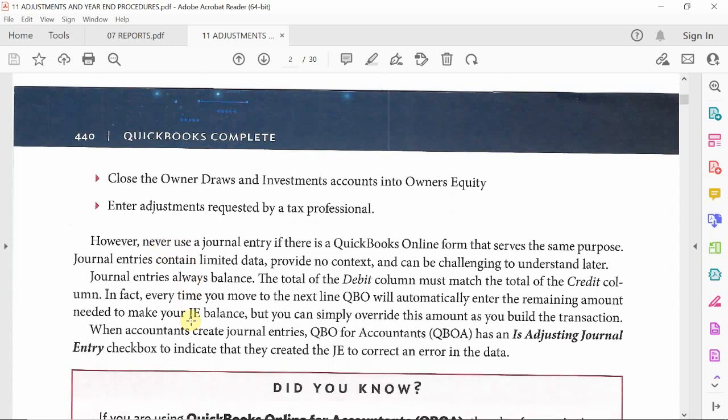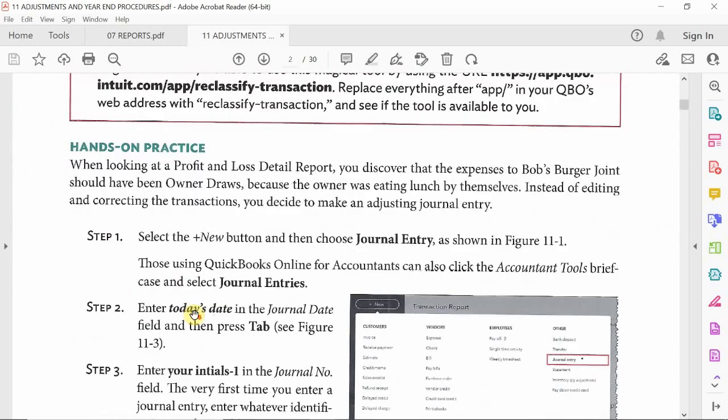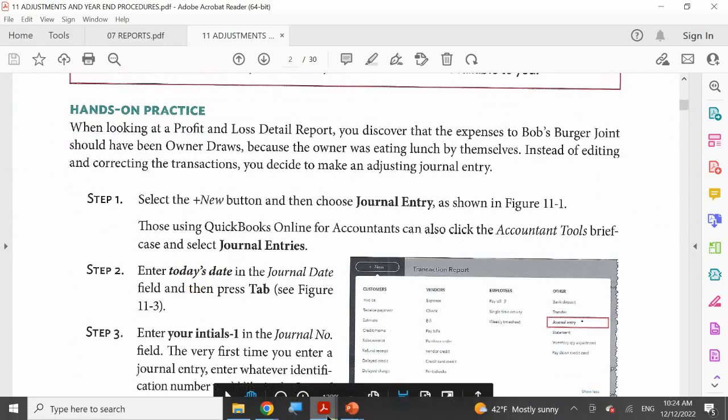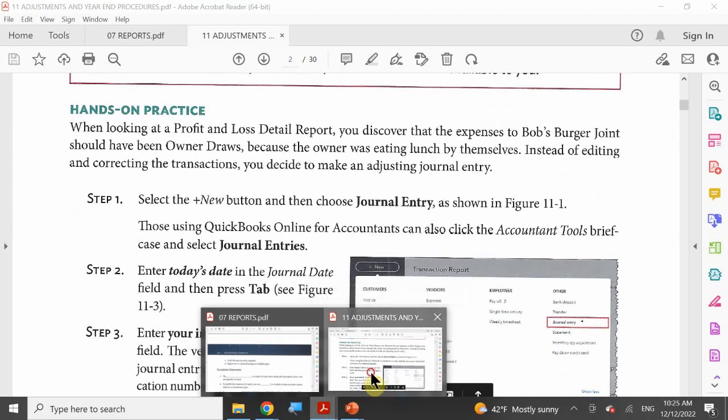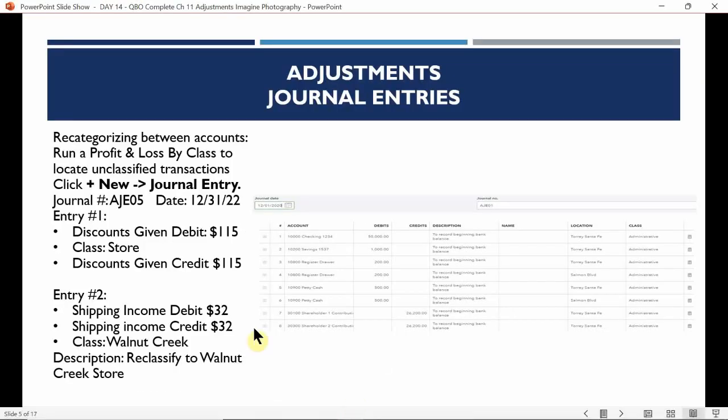So in this case, let's go ahead and take a look at an example of our first journal entry we're going to do here, where we are going to recategorize certain transactions that we forgot to classify.